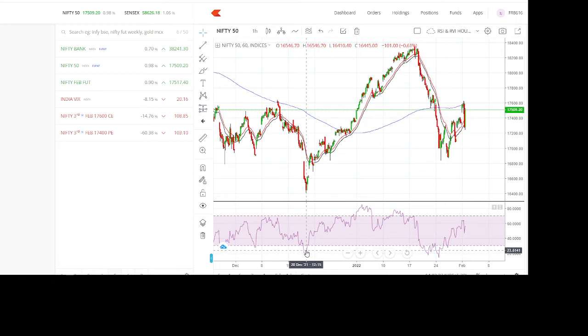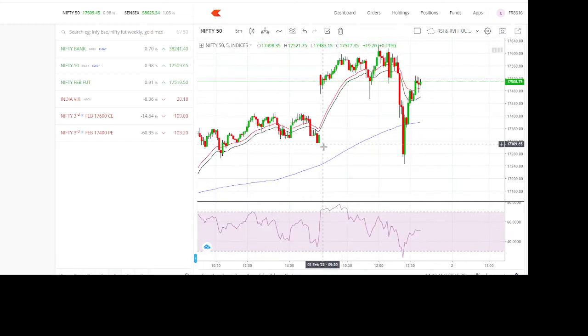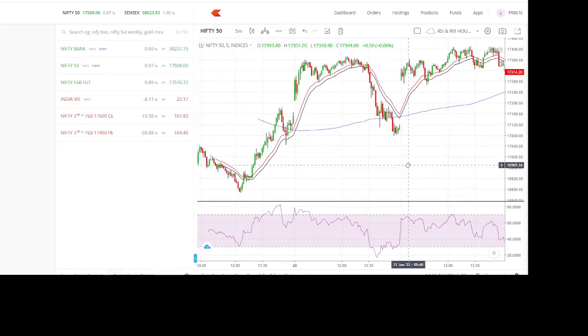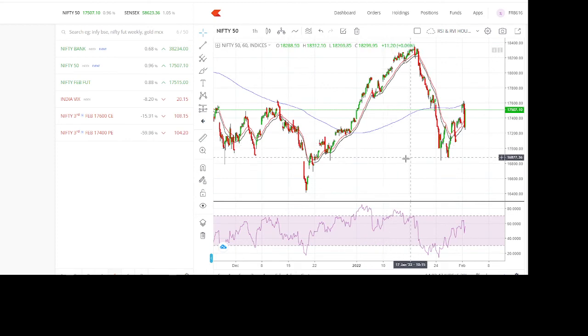RSI is low here and RSI came to a high point now. Now you can see here. Yesterday, what is the date? Here the date, RSI came here, the date is 19 January.